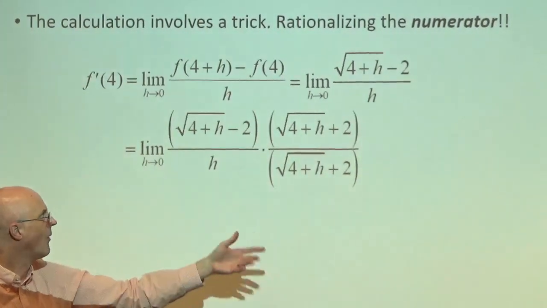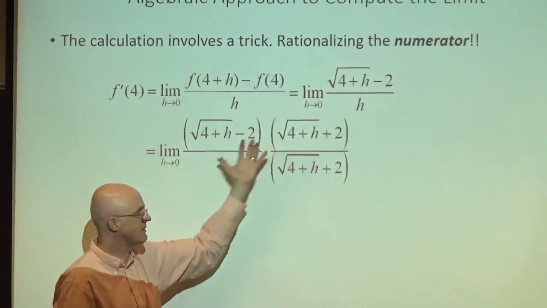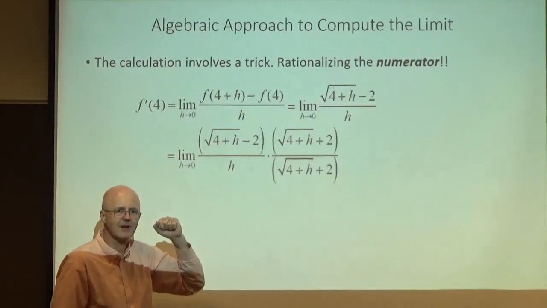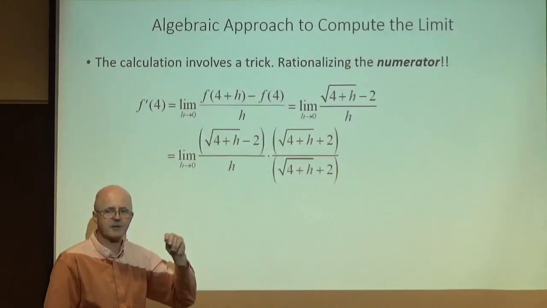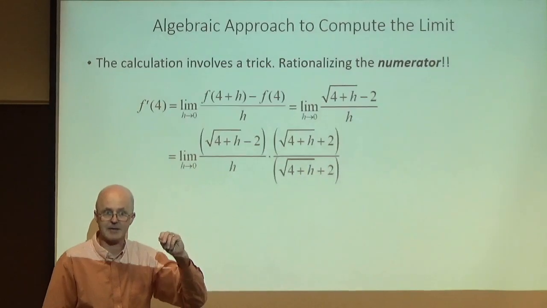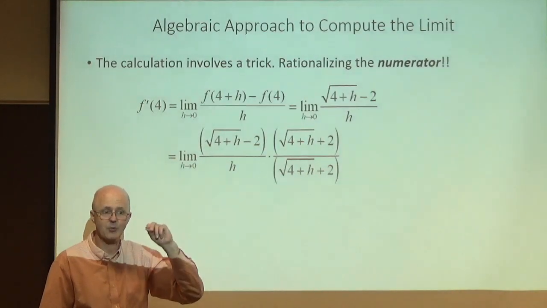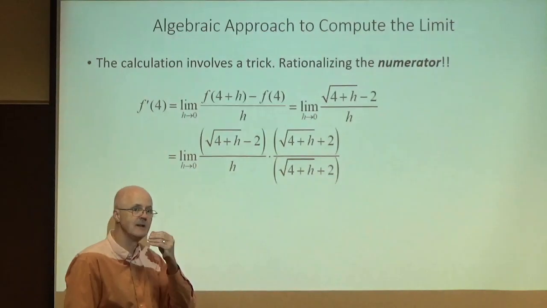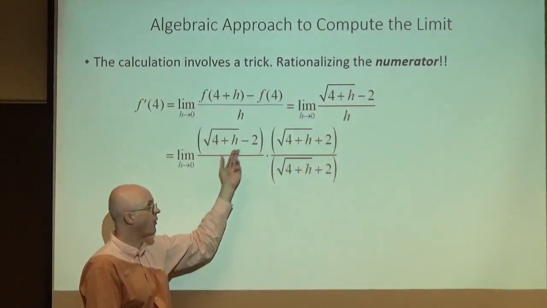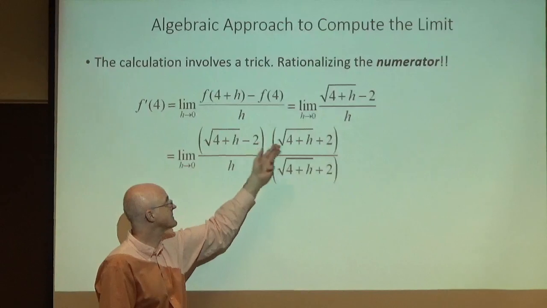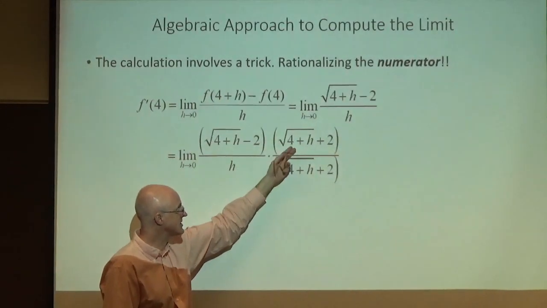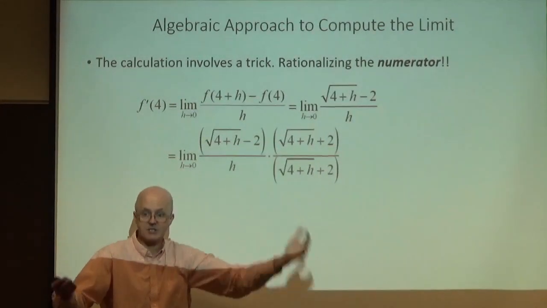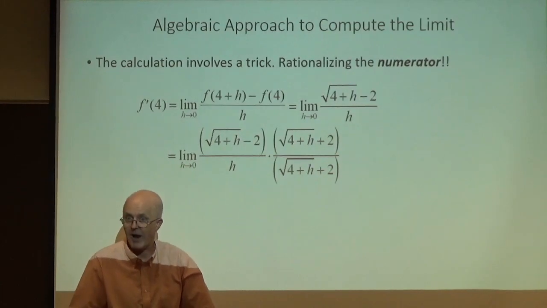Why did I put a plus sign there instead of a minus sign? What am I trying to do here? I'm trying to get rid of the square roots in the numerator. If I multiply the top by this expression, imagine with me here, FOILing. First times first is square root of 4 plus h times square root of 4 plus h, which is just 4 plus h. The square roots go away.